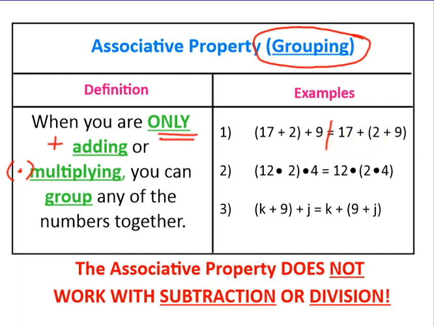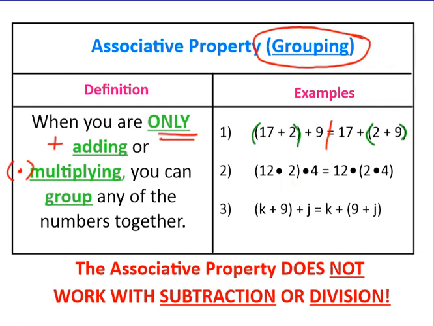But what you will notice is that over here there's parentheses around the 17 plus 2, and over here there's parentheses around the 2 plus 9. The numbers are in the same exact order, but they are being grouped differently within the parentheses. There's a plus sign in between each number.